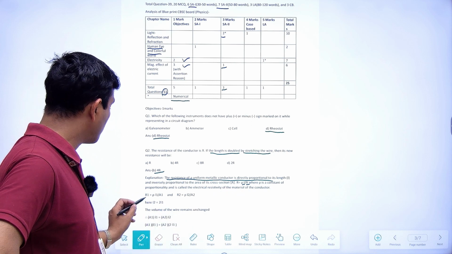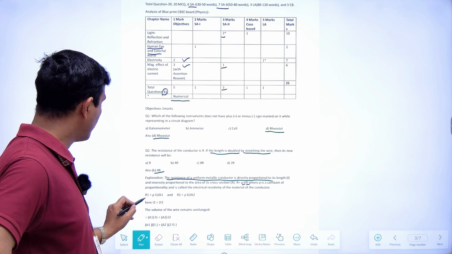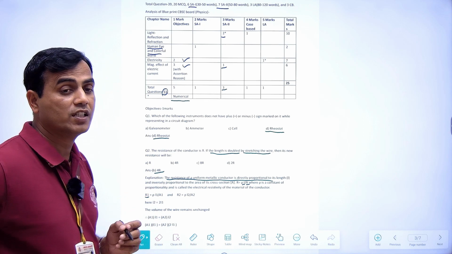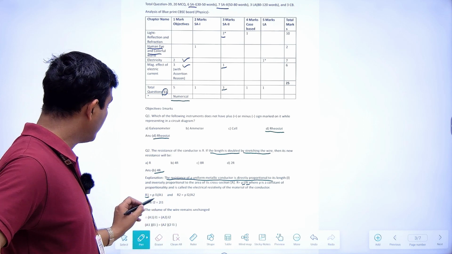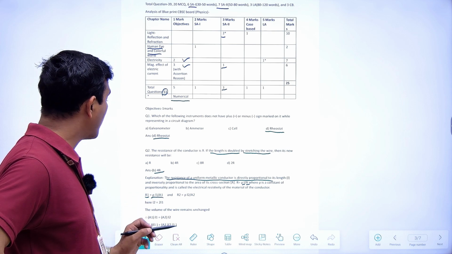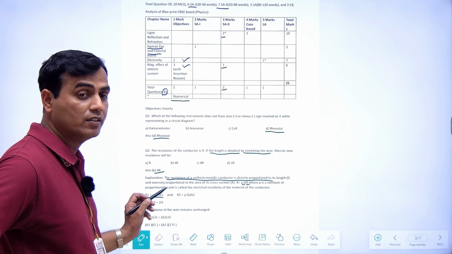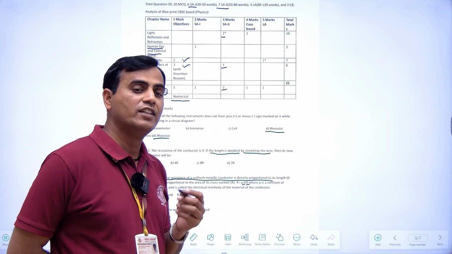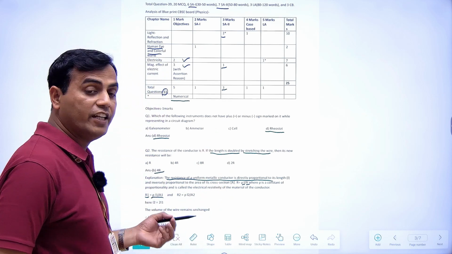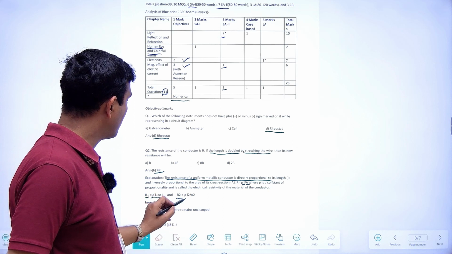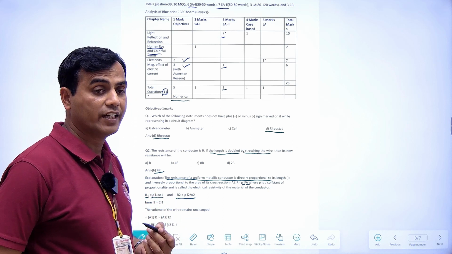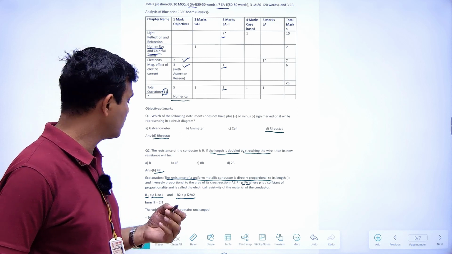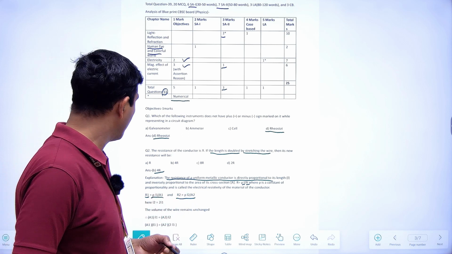So we further solve for the first position. Suppose the first position resistance is R1, and from the formula R1 equals rho L1 upon A1, where L1 is the length and A1 is the area given. Similarly for the second condition, the resistance is R2 equals rho L2 upon A2.